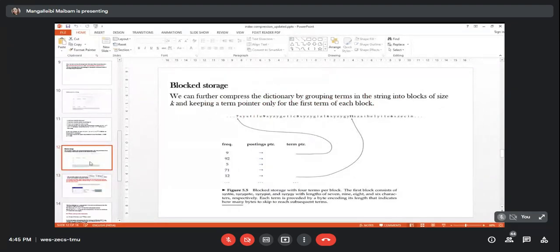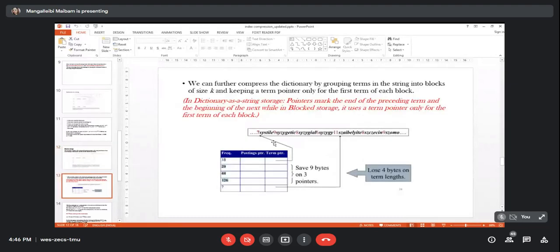According to this example, each block contains 4 terms. Since we give the term pointer only on the first term, we are going to save 3, 3, 3, 9 bytes in block storage.